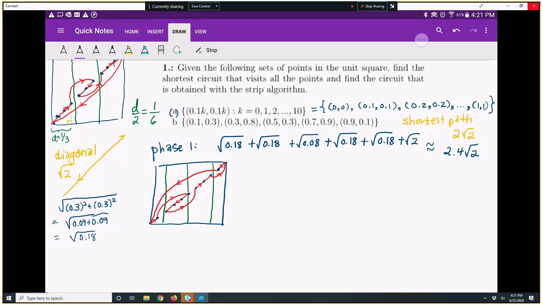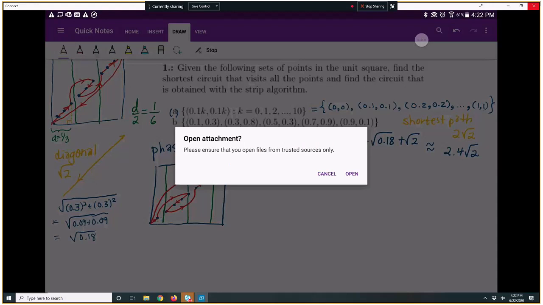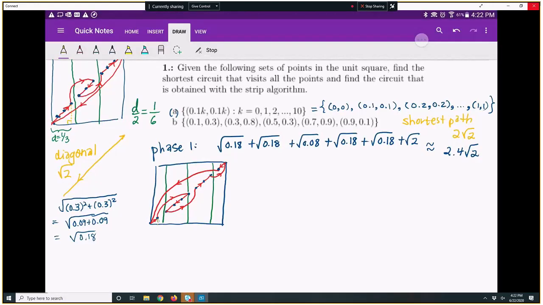And I'll compute the distance the same way. So this first little part of my path is just to go from the point 0, 0 to the point 0.1, 0.1. So I would use the Pythagorean theorem again. And what I would find is that this first distance in the corner is 0.02 in length.